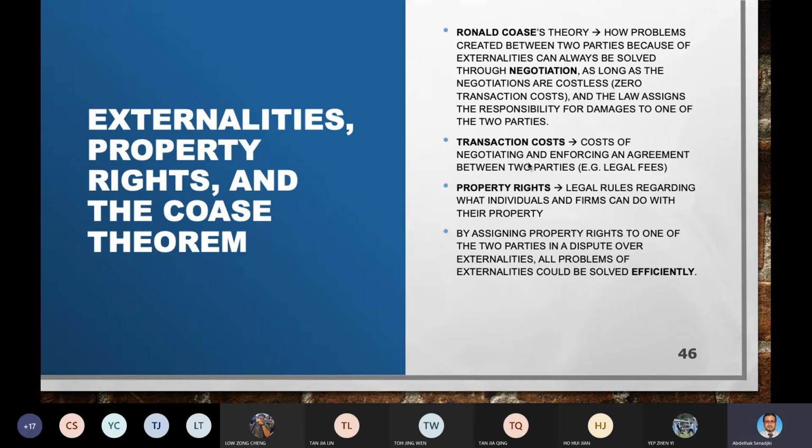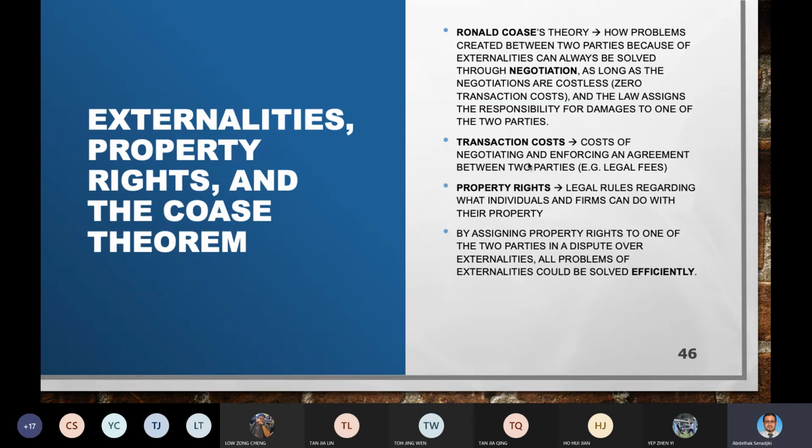No, no, no. That is very costly, because the writing of those clauses and conditions is very tough and needs very high-skilled lawyers. So you know the legal fees will be very high. And the property right that we are talking about, Ronald Coase says one of the two must have property right. That means the legal rules regarding what individuals and firms can do with their property.